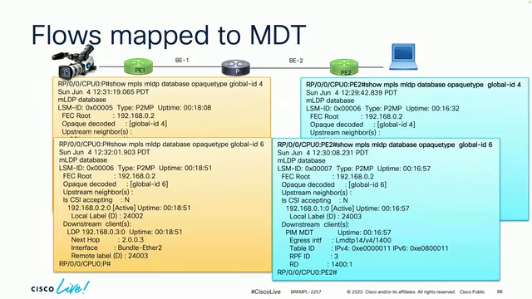Now if you look at your tree building, I have created 2 trees here. One is global ID 4, one is global ID 6. So end to end, I would have created 2 trees for 2 flows because I had 2 joins, and each join is now creating its own tree.